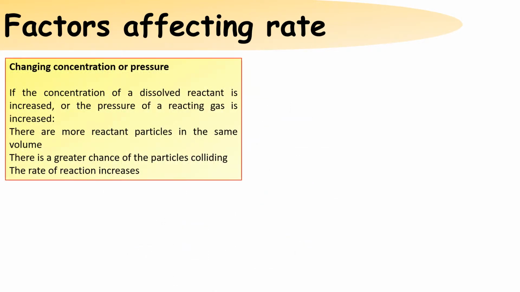There are a number of factors that affect rate. If the concentration of a dissolved reactant is increased, or the pressure of the reacting gas is increased, there are more reactant particles in the same volume, so there is a greater chance of particles colliding, so the rate of reaction increases.